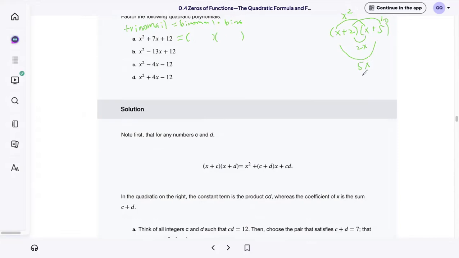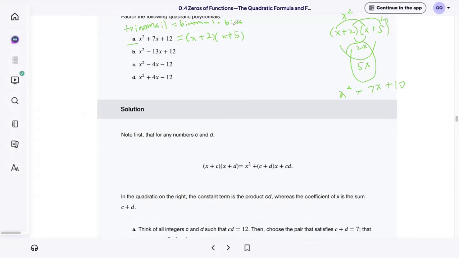Then we add these two, because those two are like terms. When we add, we get 7x. So we get x squared plus 7x plus 10. So that's how it goes. It breaks into x plus 2, x plus 5.